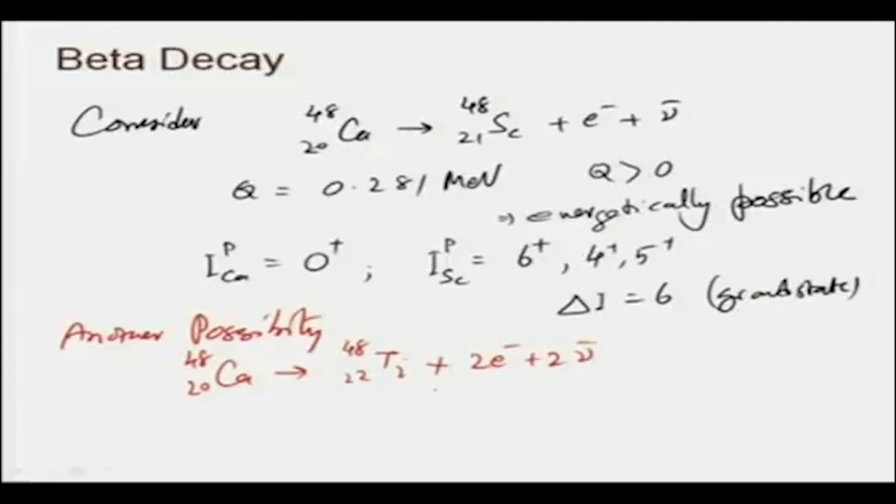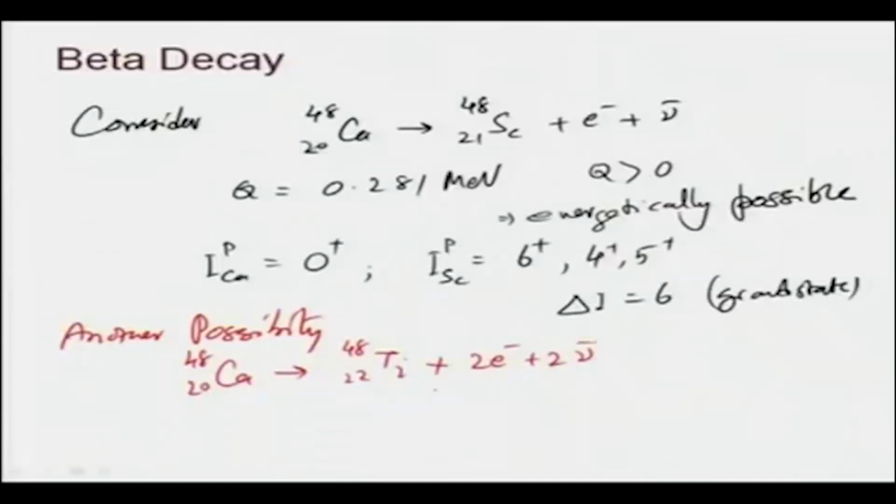We are not saying that calcium first goes to scandium and then decays to titanium. That is not the case. It goes in one step to titanium, not as an intermediary. Okay. In that case, if you look at the I P of the initial, it is 0 plus, and Ti 48 has 0 plus as the ground state. Delta I is equal to 0, it is an allowed transition, right. It will fall under allowed transitions.